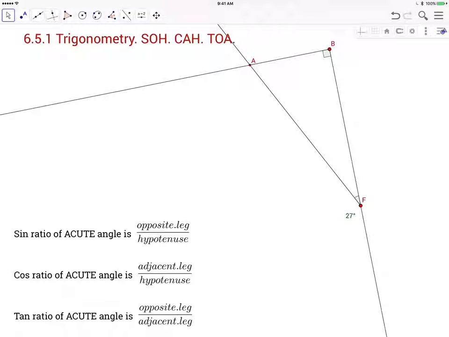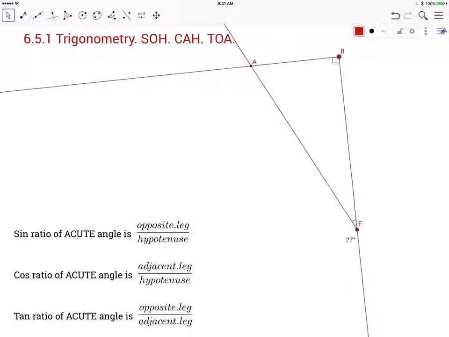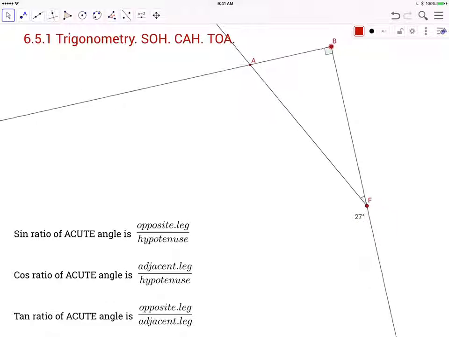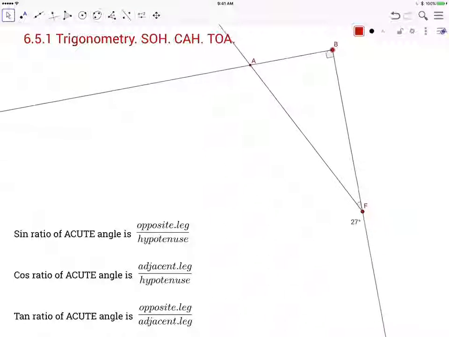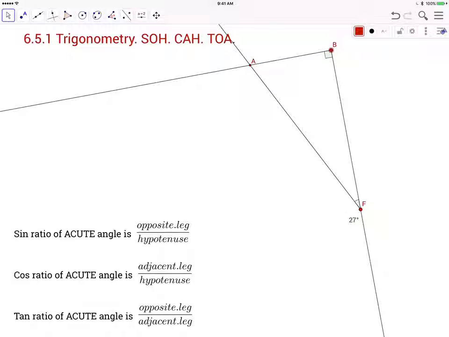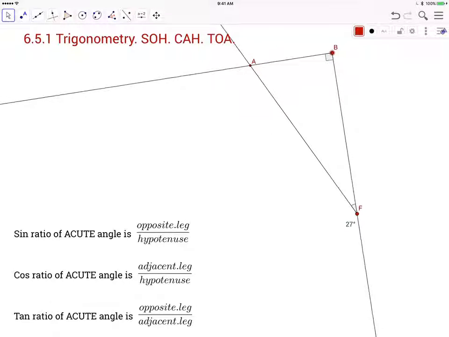I've labeled this as a 27-degree angle, and it's a right triangle, so angle B is 90 degrees. From experience, we know that this triangle with a 90 and a 27 is a specific type of triangle, and that basically any two triangles with these two pieces of information will be similar to each other.